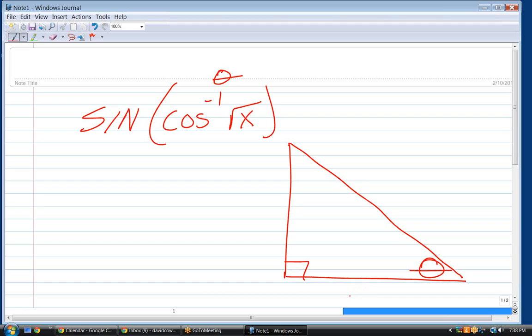Adjacent would be the root of x, hypotenuse 1, and the opposite will be the square root of 1 minus root x squared, which would just be x. So now what is the sine of theta? That'll be root 1 minus x over 1.